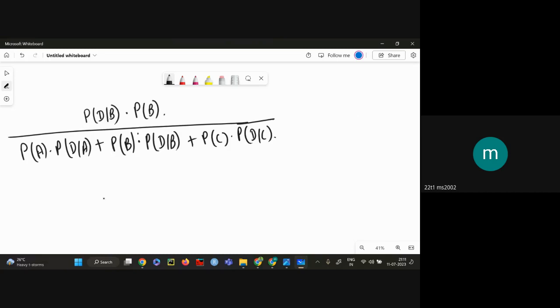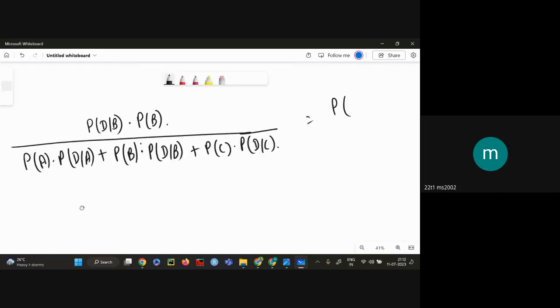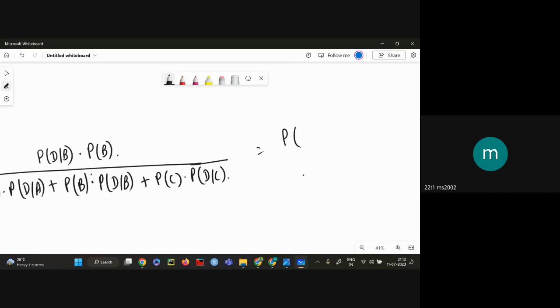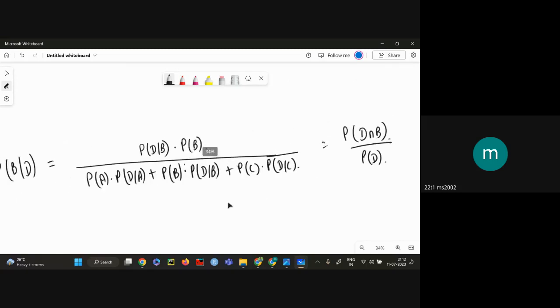So this is basically nothing but the probability of B intersection D by the probability of D. This is what you should compute.